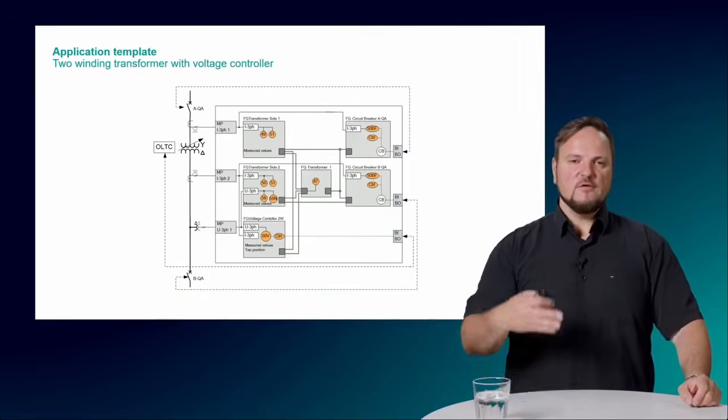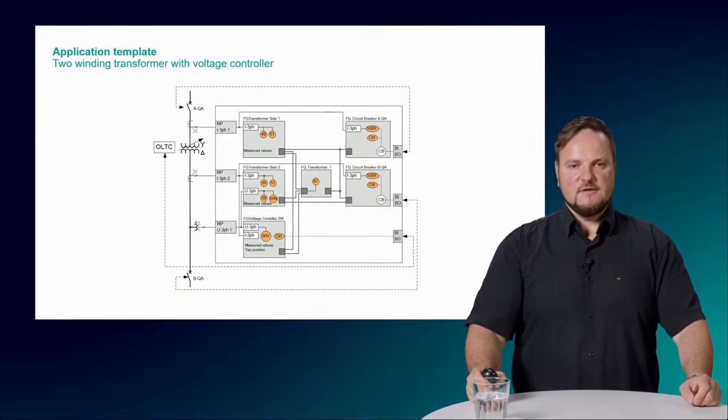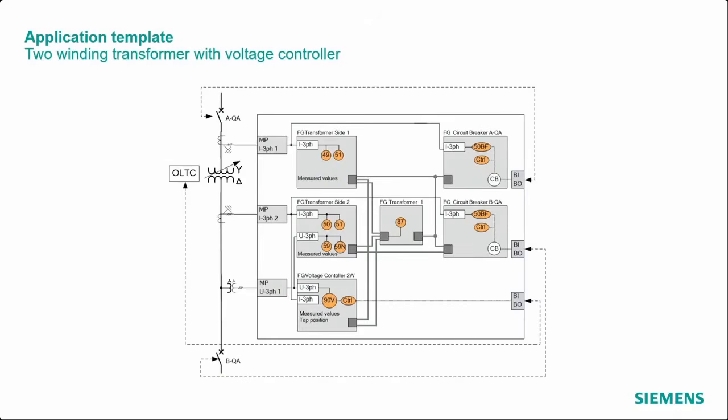And if you have a look at the single line now, you will see that beside the transformer side 1 and 2, we now have a function group called voltage controller 2-winding, and this function group, like the protection function groups, contains the 90V function, which is the AVR function, and the control block.